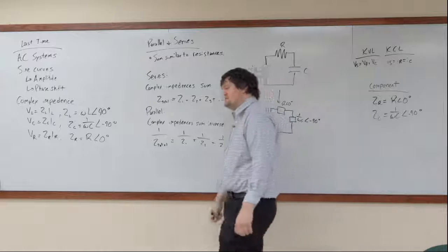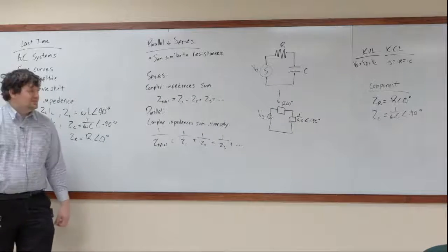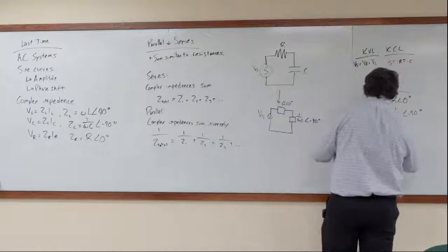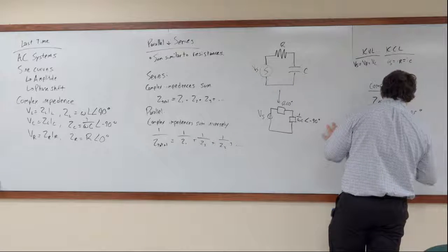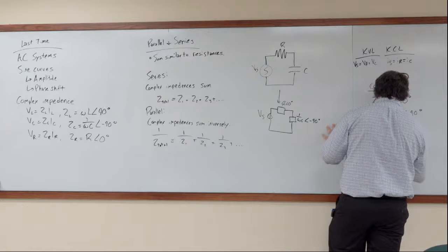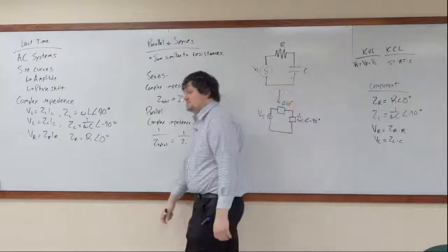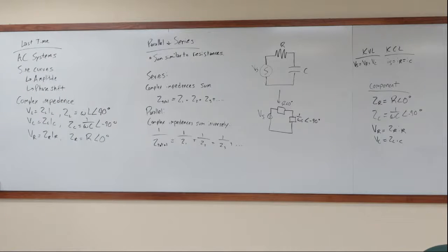It's a phasor. We also know that VR is equal to ZR times IR, and VC is equal to ZC times IC. Those are all specific components that we have.